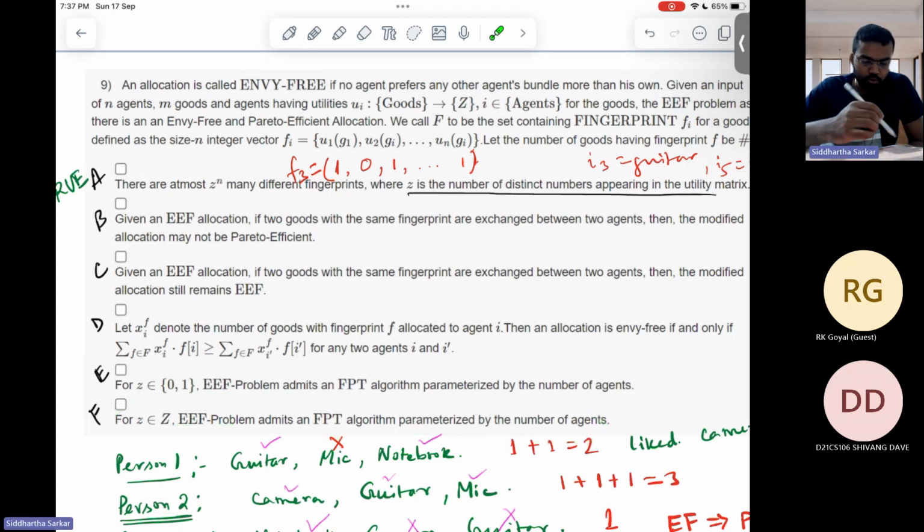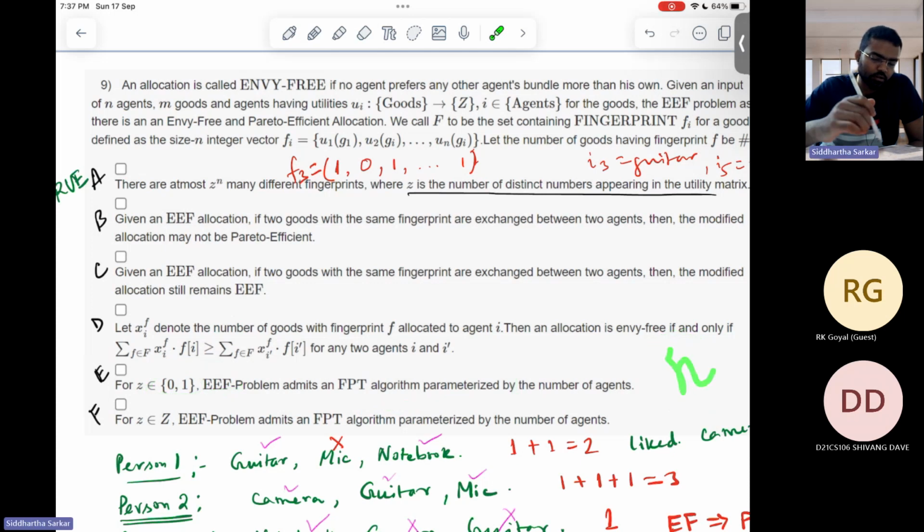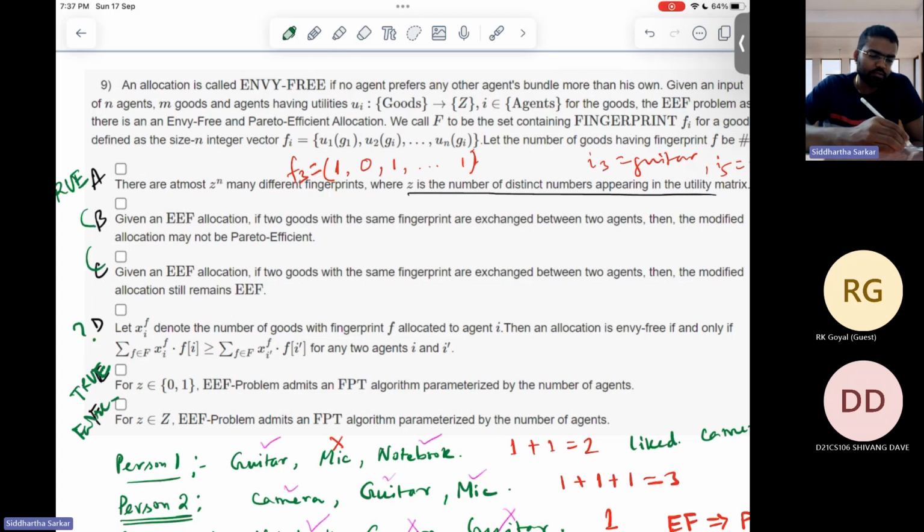In the videos, for the binary utility matrix, they have shown an FPT algorithm parameterized by n, the number of agents. Here, the number of agents is small n. So this is true. NPTEL is marking this as true. This is from the videos. This is false. This one we do not know, and this one depends on whether the matrix is binary or integer.